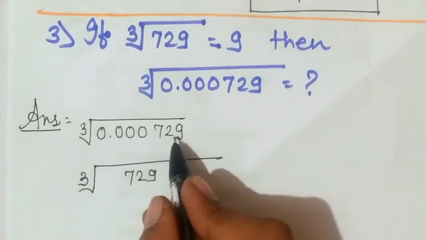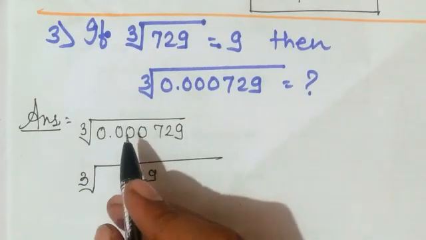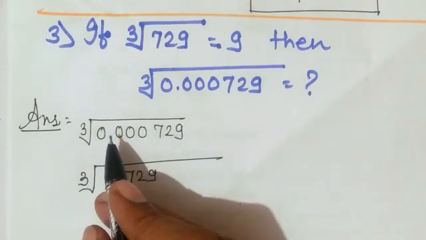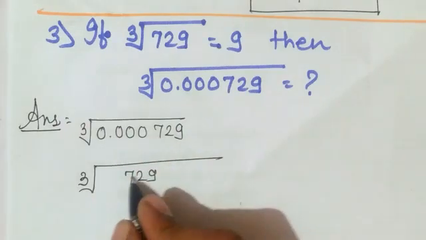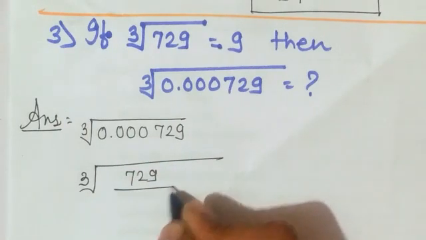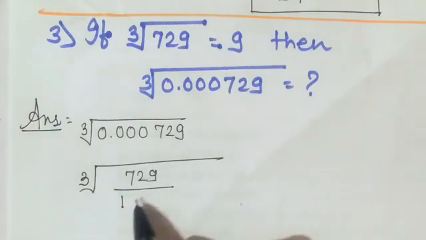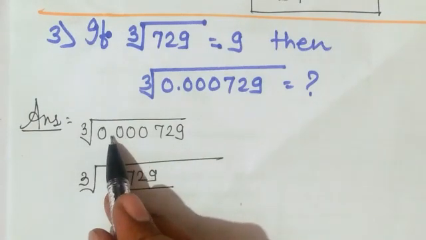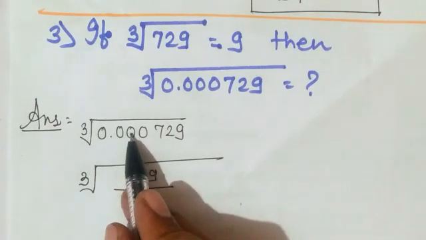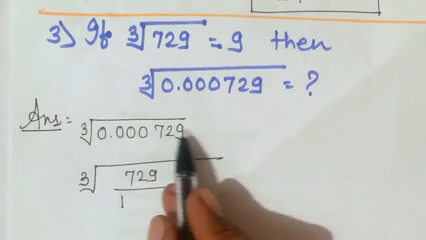729. Here I am directly writing 729 because I am going to shift this decimal. So how can we do that? This 729, and at the denominator place we are going to write 1. Now after the decimal, there are 1, 2, 3, 4, 5, 6 digits.